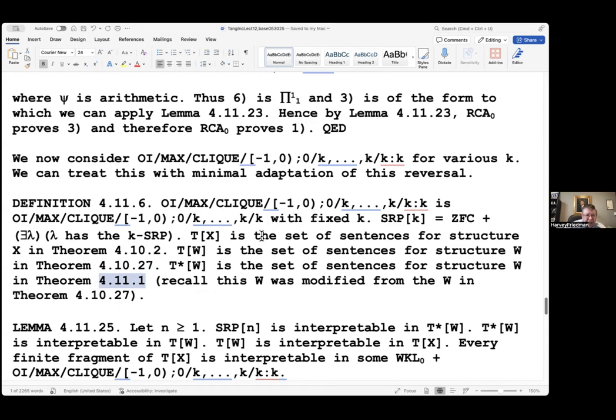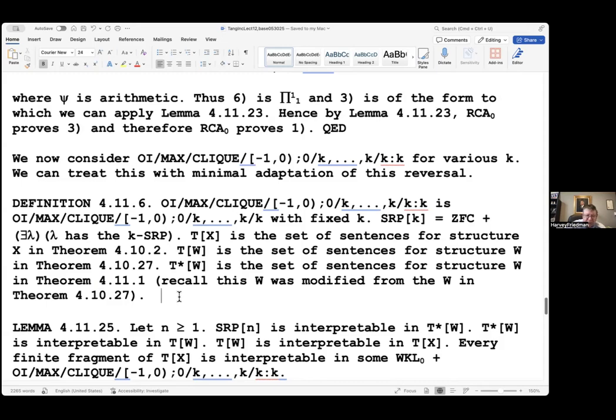So T of X is the theory we use to define X. X was a structure satisfying T. W is a structure satisfying T, and the second version of W is a structure satisfying T star. You probably don't remember the lecture on section 10 that well, and 11, by the way.